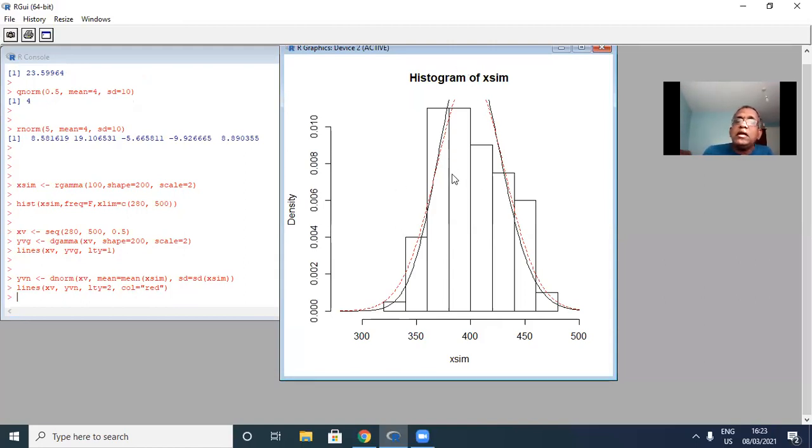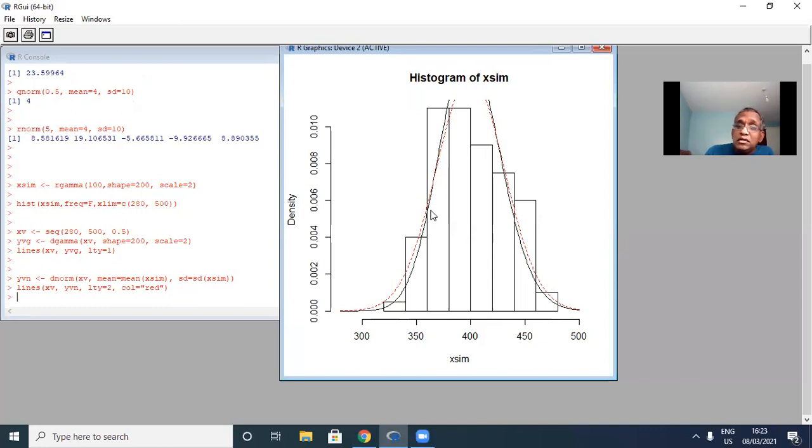You have the histogram and you have the curve in black, which is the density of the gamma distribution. And you have the curve in red, which is the density of the normal distribution. The normal distribution is pretty close to the density of the gamma because it gives a good approximation.